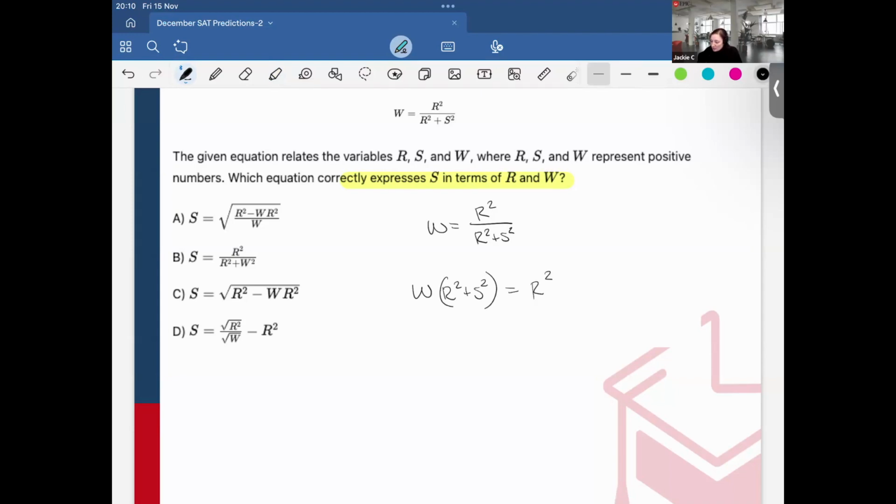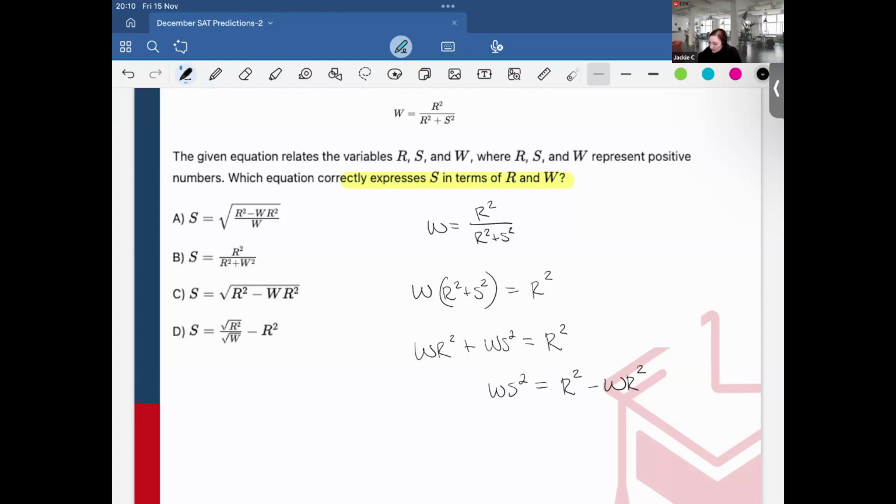Then this would become WR squared plus WS squared, which is equal to R squared. Now I will move the R's together. So this would be R squared minus WR squared.